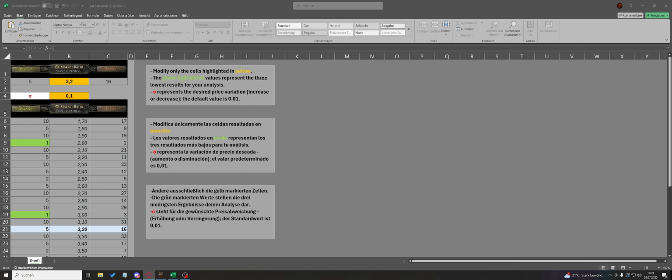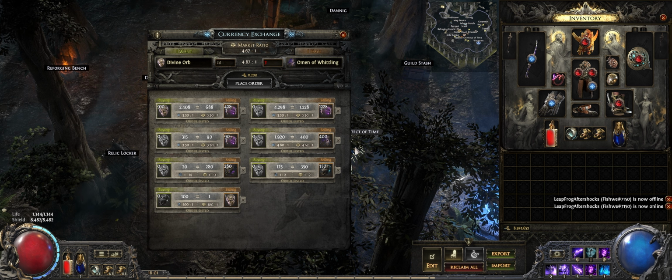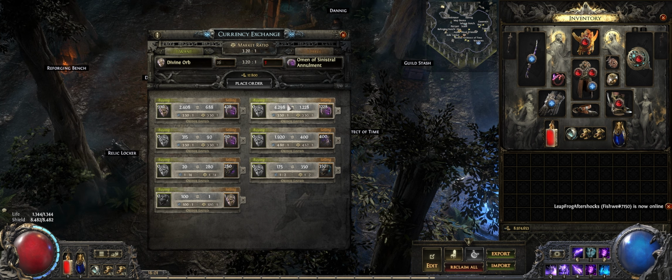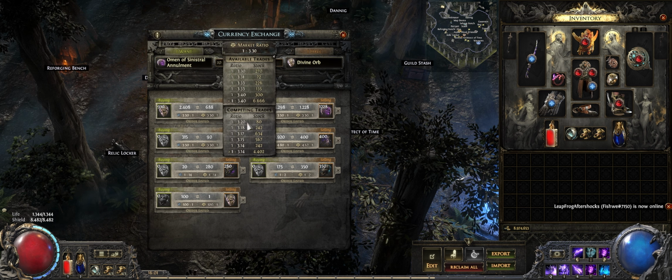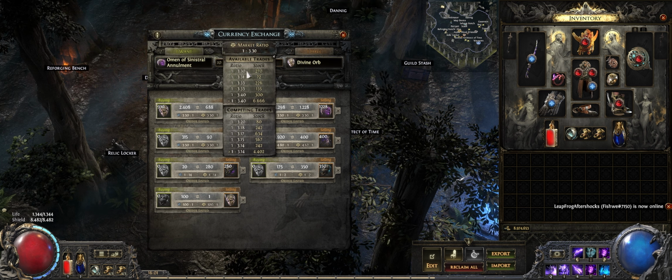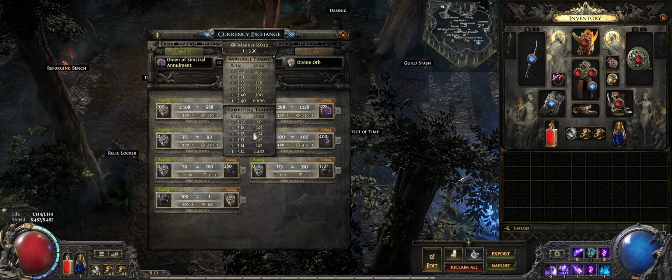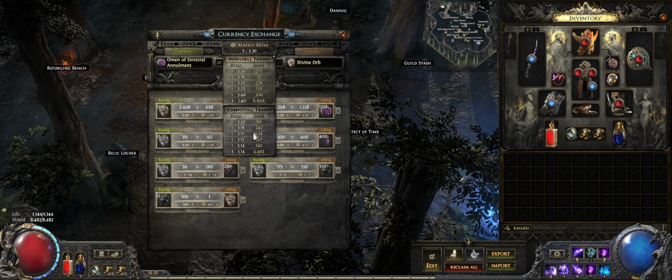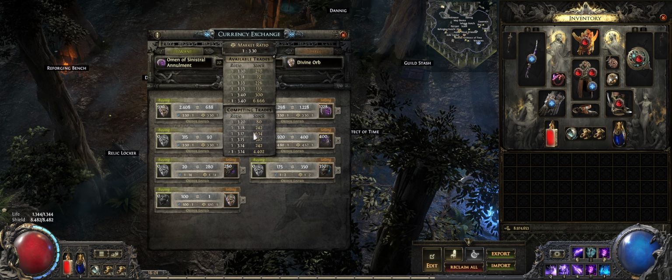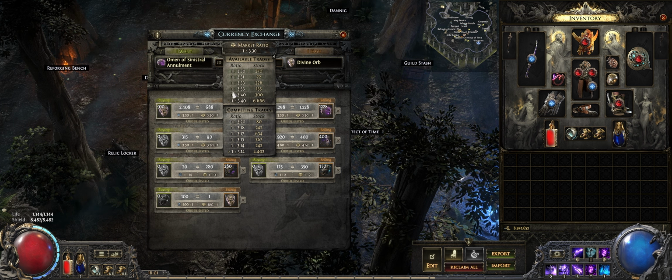If you've ever dealt with the Alva currency exchange, you'll know that the trade ratios you see in the buying column as well as the selling column, so this column right here and this column right here, sometimes trade at very weird ratios. So they don't allow you to take any fair trades, especially when you have to spend a lot of divines for them.